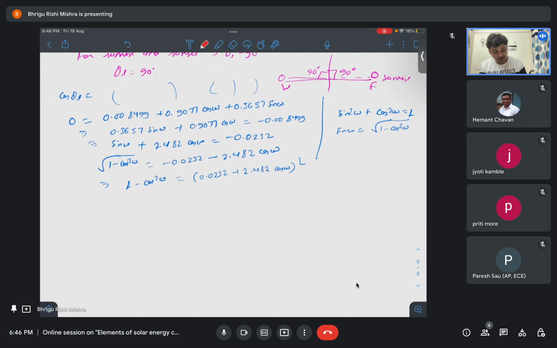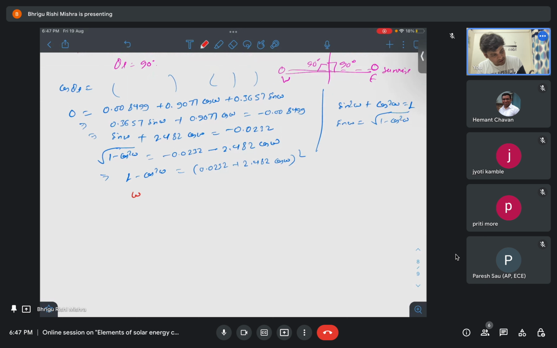Since it is a quadratic equation, there will be two values for omega. The final answers for omega are minus 68.6 degrees and 112.4 degrees. Now minus 68.6 means this is the sunrise hour angle.